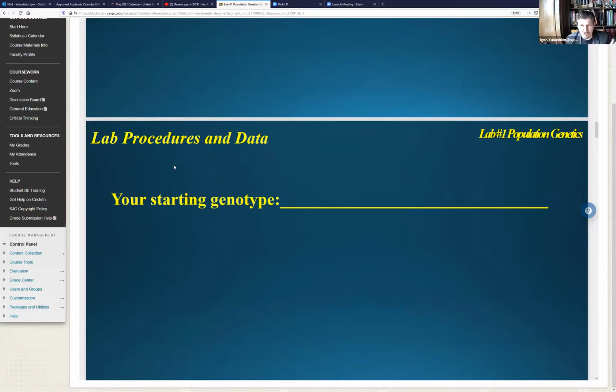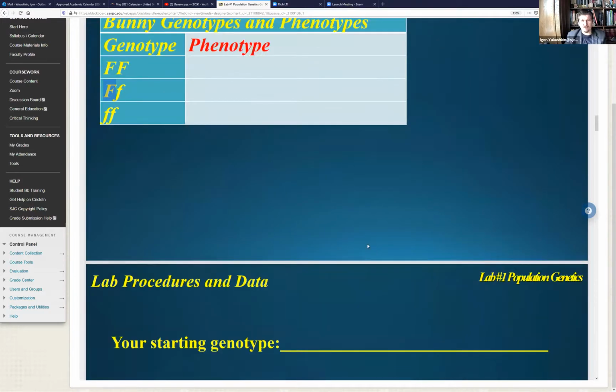You can put it on your own. You want to be capital F, that's fine. You want to be capital F, lowercase f, that's fine. Lowercase f's, that's fine as well. Anything you put right there, I don't really care, as long as you put something appropriate to this particular class.